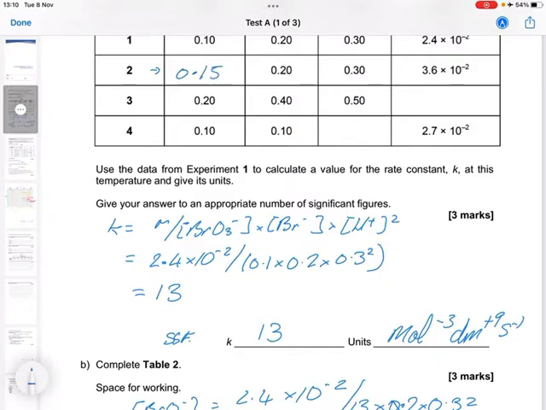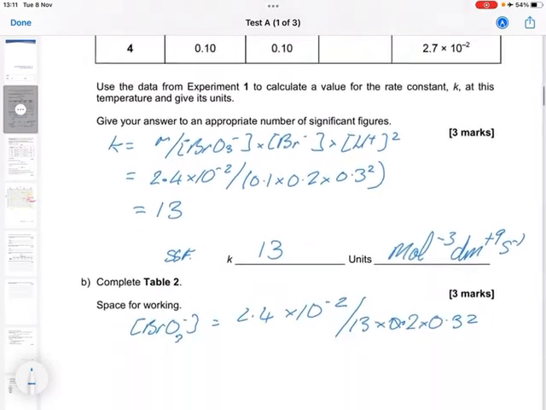And then for number 3, it is that times that squared, and that gives me a value of 0.27. And then the final one, so this is getting the H plus squared.